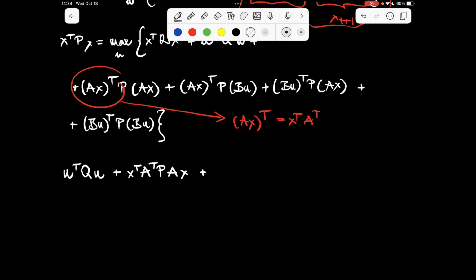Okay, so we simply skip those parts where there is no control variable. The math part of the optimal linear regulator is not too difficult but we must be precise. Okay.